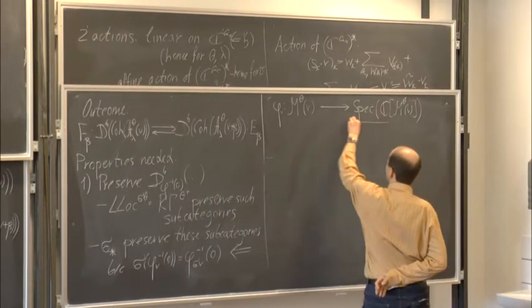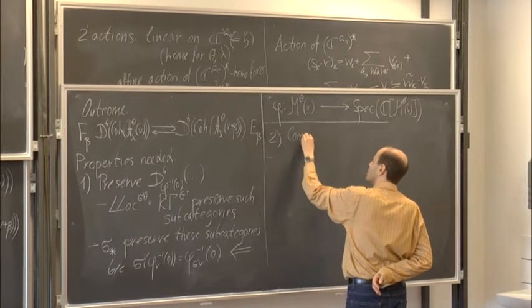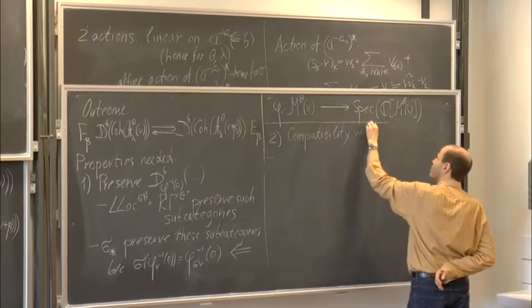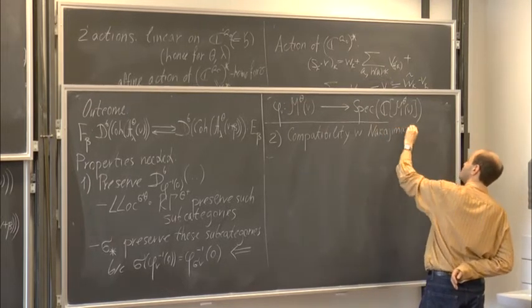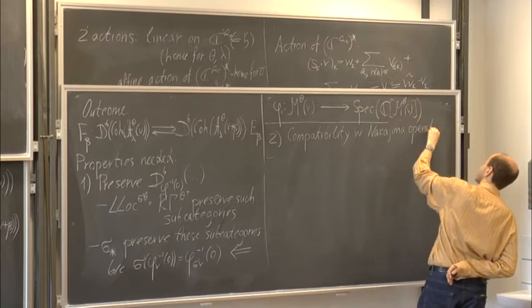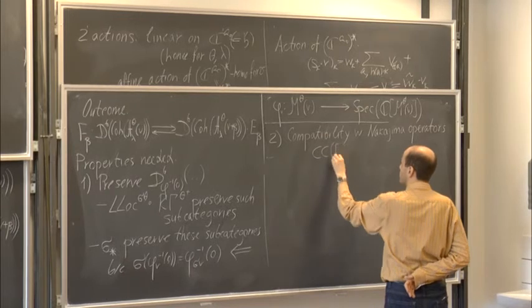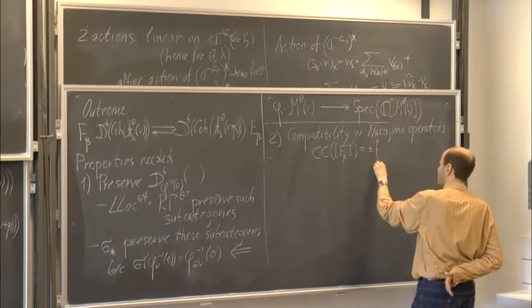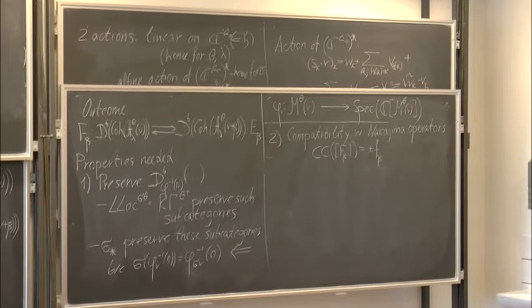So this is something which is easy to check, but now we also want compatibility with Nakajima operators. So informally, I can write it like Cc of F beta should be plus or minus F beta. And this is considerably harder than part 1.